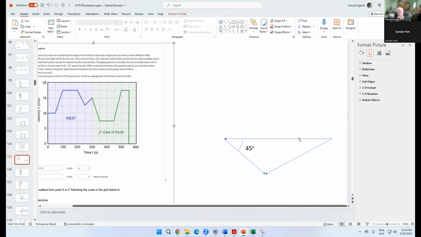We do not know if it's a right triangle or not. If it is, then yes, you can use that. We have to do the calculations to find out if it's a right angle triangle or not.